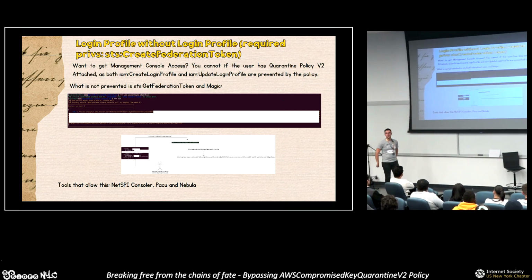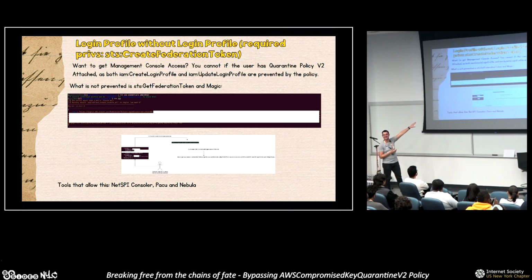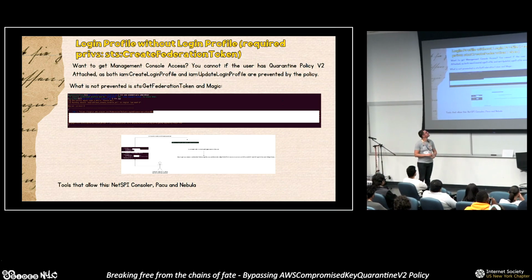Or you can do this one. You can get a federated token, which basically gives you a set of temporary credentials for your IAM user. Then, using some curl magic and some alcohol, you will be able to get an authorized token. But jokes aside, this is actually a documented feature from AWS.